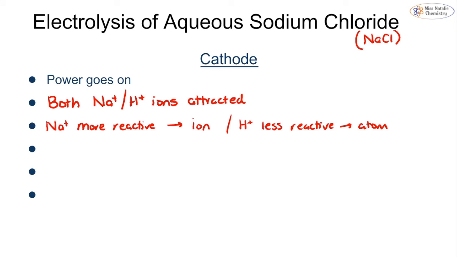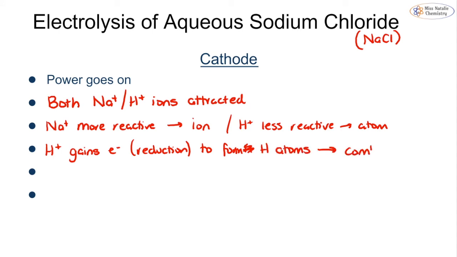So what happens is the hydrogen gains electrons. So it undergoes a reduction reaction to form hydrogen atoms, and these then combine to make H2 molecules, because of course hydrogen is a diatomic.